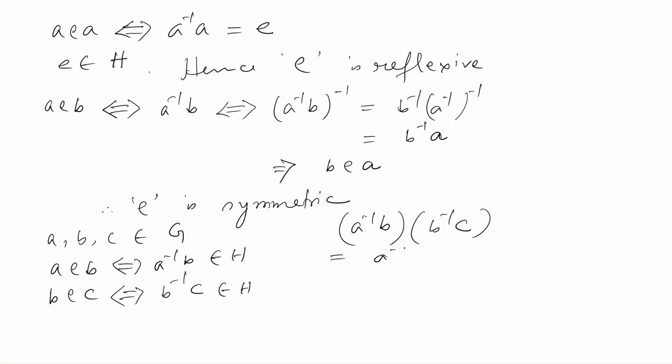Then b inverse b is e, so we can write a inverse c, which belongs to H and will imply a rho c. Therefore, rho is transitive.